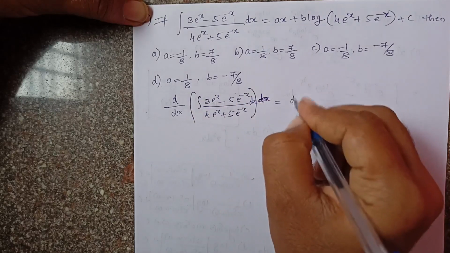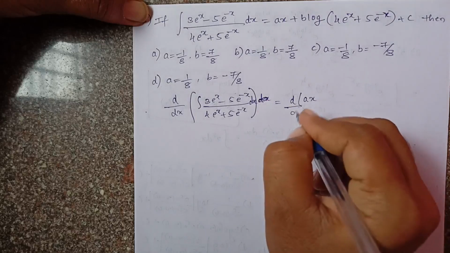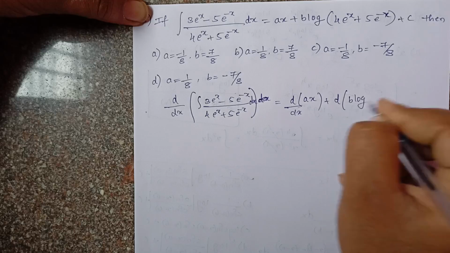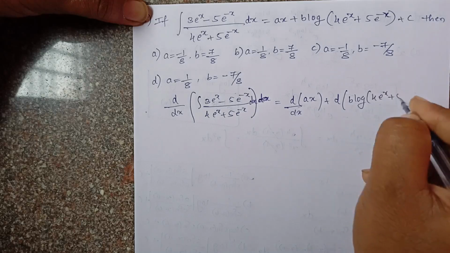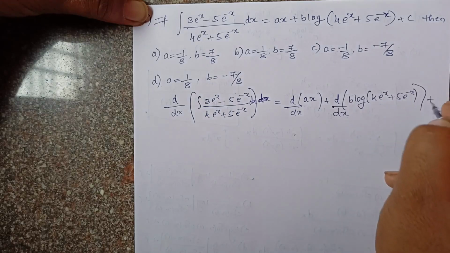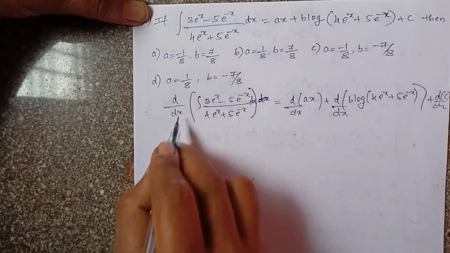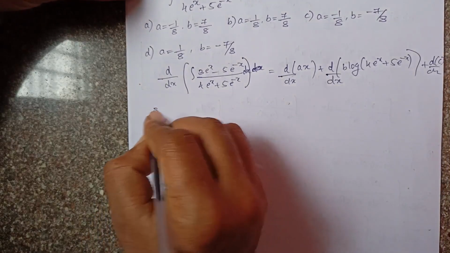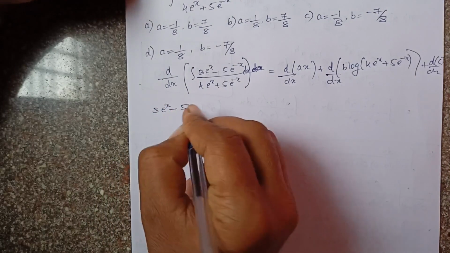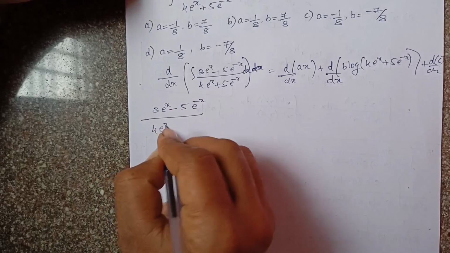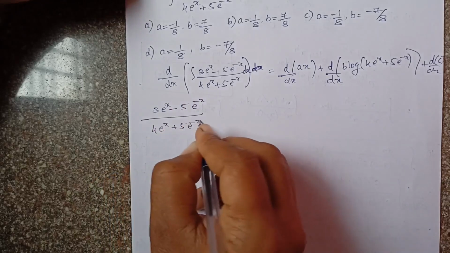This is equal to differentiation of ax with respect to x plus differentiation of b log(4e^x + 5e^(-x)) with respect to x, plus differentiation of c with respect to x. Here differentiation and integration of both get cancelled out. So we are left with (3e^x - 5e^(-x))/(4e^x + 5e^(-x)).